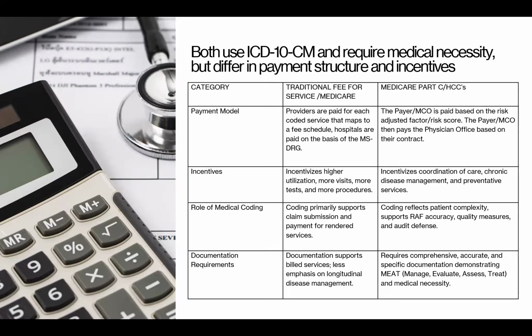Medical coding is important to both models, but coding primarily supports claim submission and payment for services rendered. With the HCC model, coding reflects patient complexity. It should support the risk score, quality measures, and audit defense.